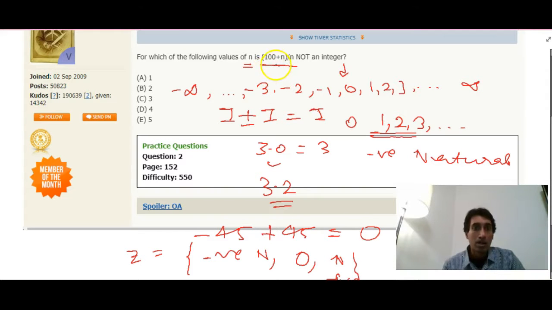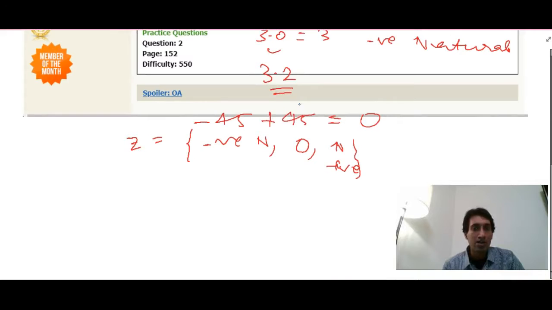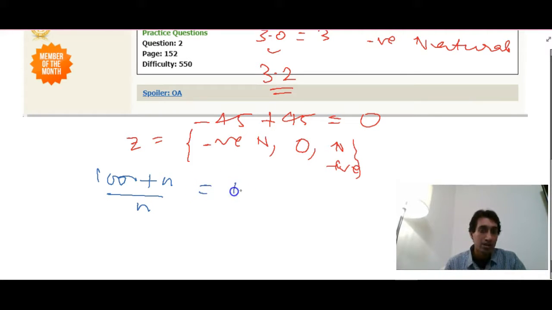So (100 plus n) by n is not an integer and our values are 1, 2, 3, 4, 5. So what should we do? Let us first write down the equation that is given in the question: (100 plus n) by n. Can we write it like 100 by n plus n by n?